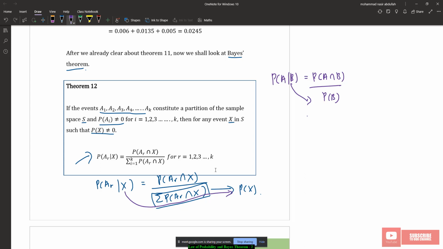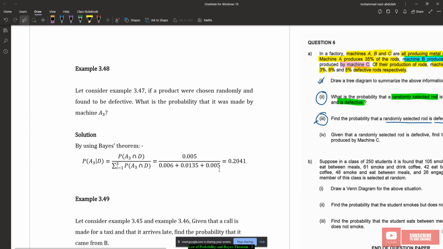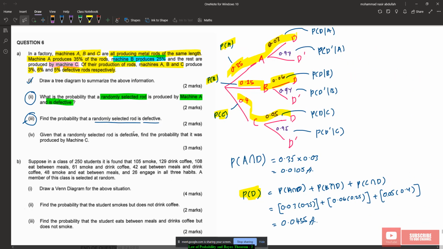So that's why before we try to understand Bayes theorem, we need to understand theorem number 11. So this is what we call probability of X, because we are trying to add all the intersection with X. Okay, so basically that is Bayes theorem. So let's look here.